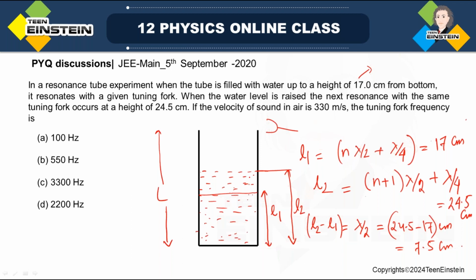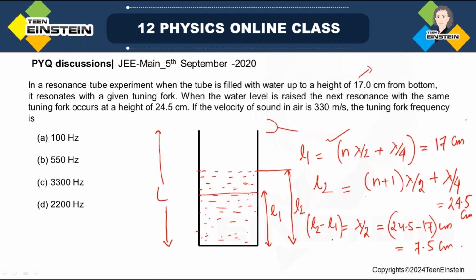The order of the mode is not given. So that's why I'm taking the general mode, the mode and the next mode. This is n lambda by 2 plus lambda by 4. So this is the fundamental mode lambda by 4, along with that some mode, and just the next mode, n plus 1 lambda by 2.